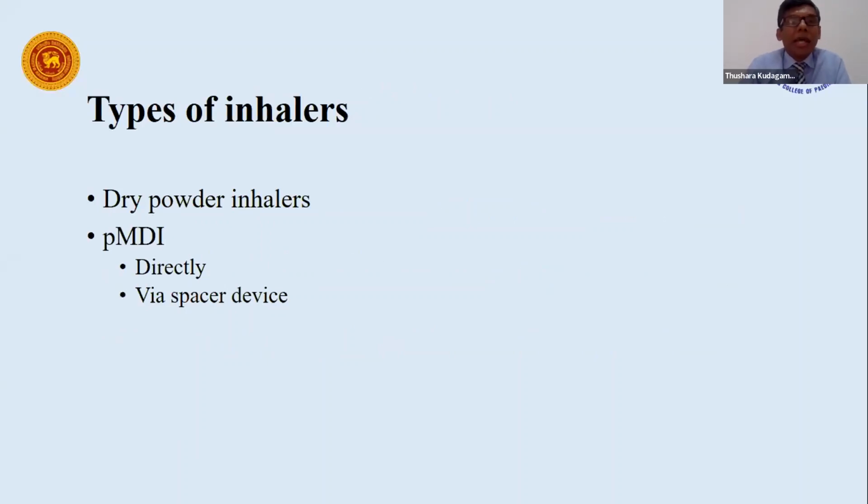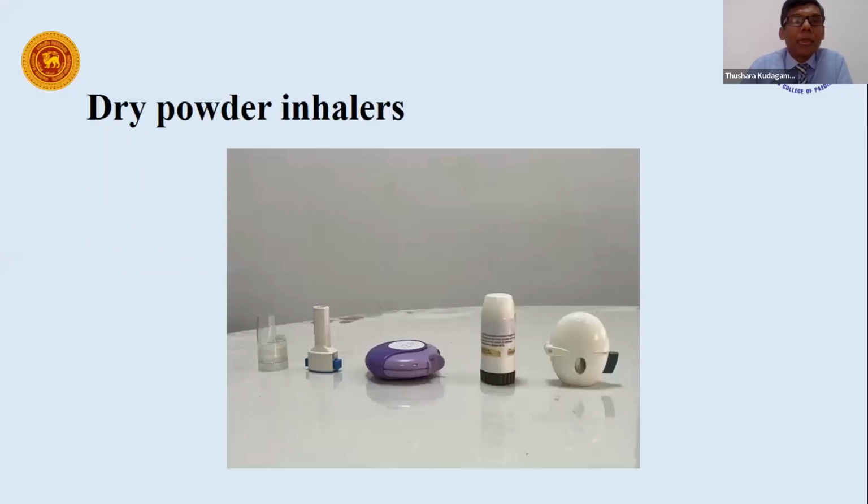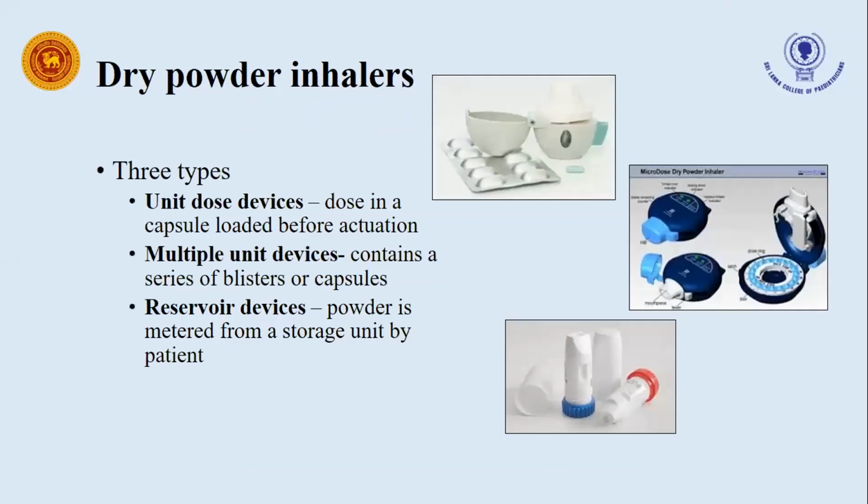And when it comes to the types of inhalers, we all know there are two main types: dry powder inhalers and pressurized metered dose inhalers. First, I'll talk about some aspects of dry powder inhalers. Now, you can see there are so many different types. They are classified into three main types.